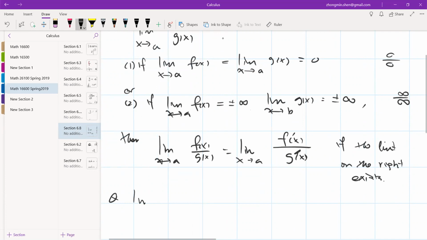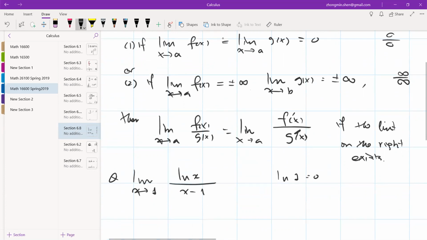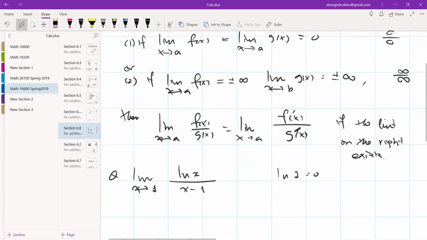All right, so look at that. When x approaches 1, then the denominator, the natural log of 1, is 0. Remember that, right? So then it's going to be 0 over 0 type. The numerator approaches 0.